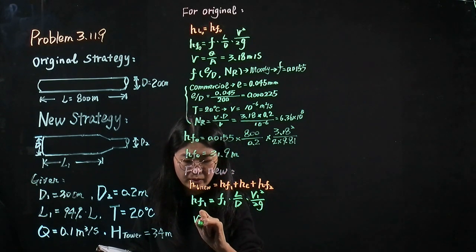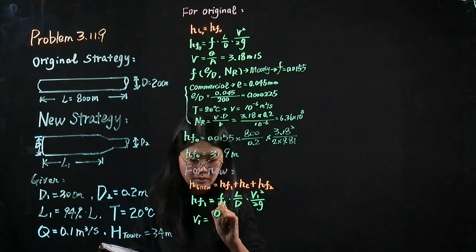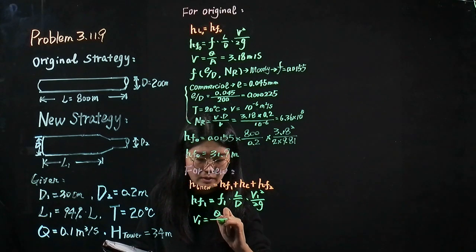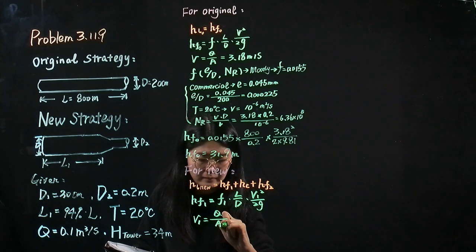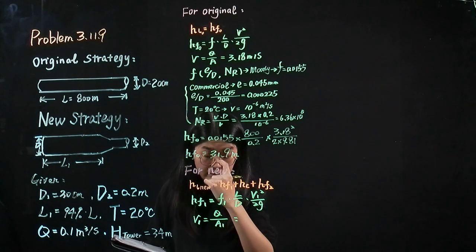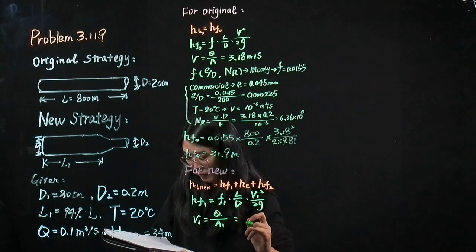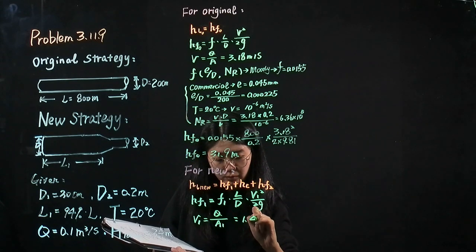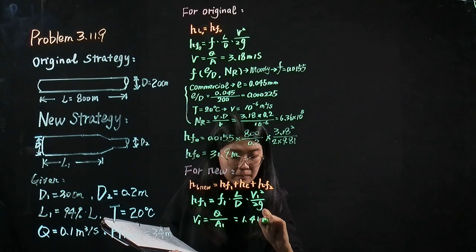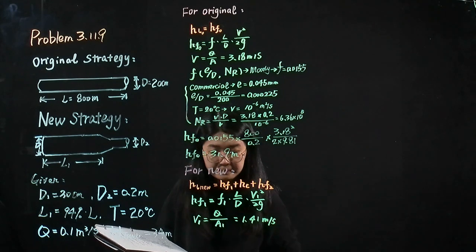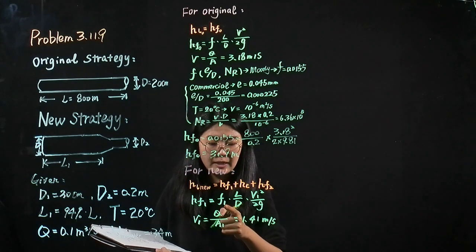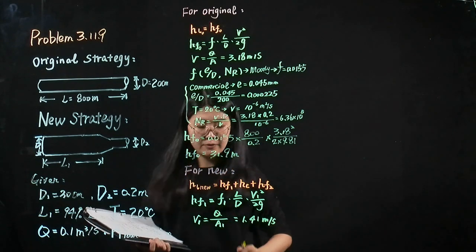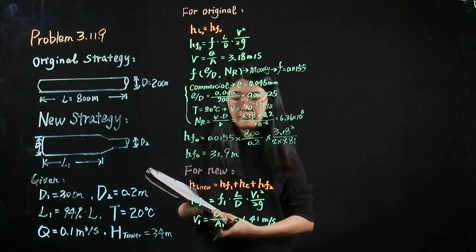We can calculate V1 equals Q over A1. So the value is 1.41 meter per second.